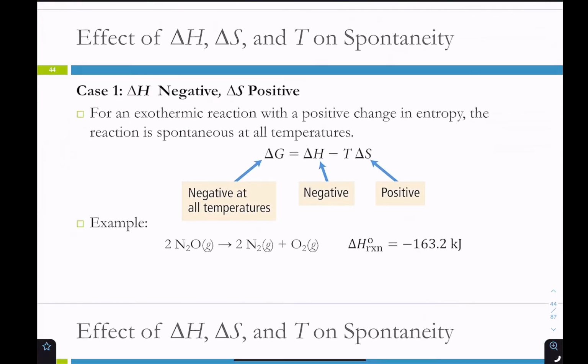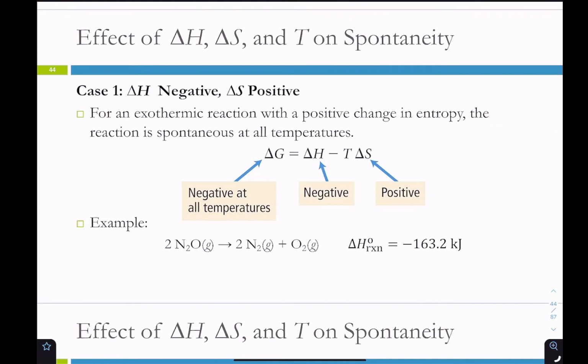So when we have this equation now, what we're concerned with is ultimately the positive or negative sign of delta G. So there are some cases where, depending on whether delta H is negative or positive and delta S is negative or positive, we can have conditions that are always spontaneous, conditions that are never spontaneous, and some that depend on the temperature.